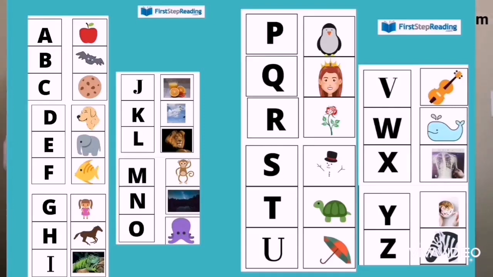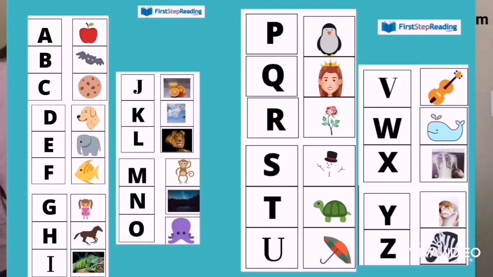Like apple, bat, and cookie. The D says d, d, d, d, d. The E says eh, eh, eh, eh, eh. The F says f, f, f, f, f, like dog, elephant, and fish. The G says g, g, g, g, g. The H says h, h, h, h, h. The I says ih, ih, ih, ih, ih.